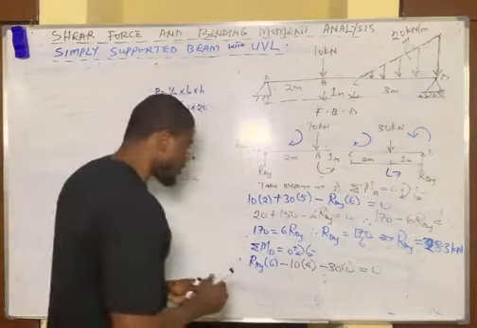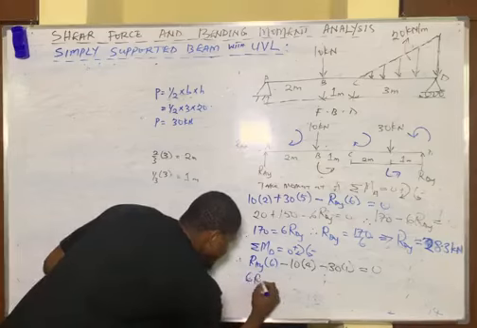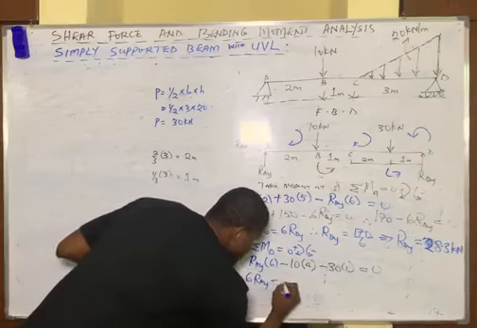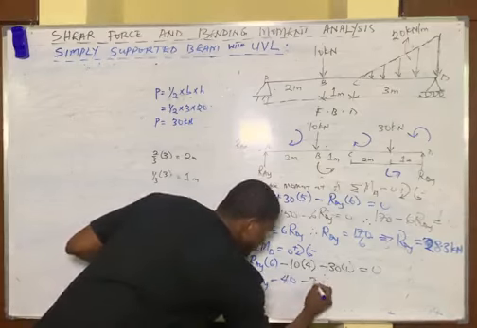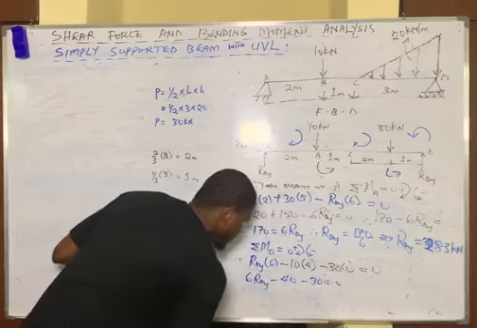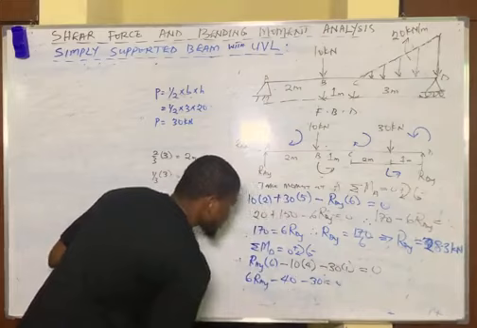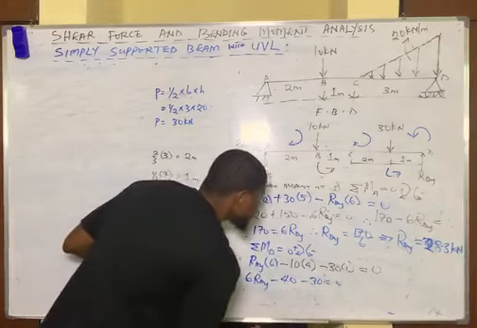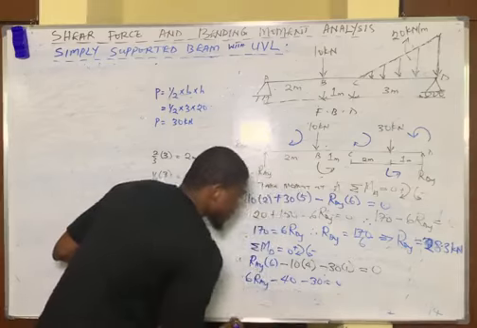Okay, so if you evaluate this now, you are going to have 6RAY minus, this is 10 times 4 here is 40, minus 30 times 1 here is 30, equals 0. So minus 40 minus 30 here simply gives us minus 70.